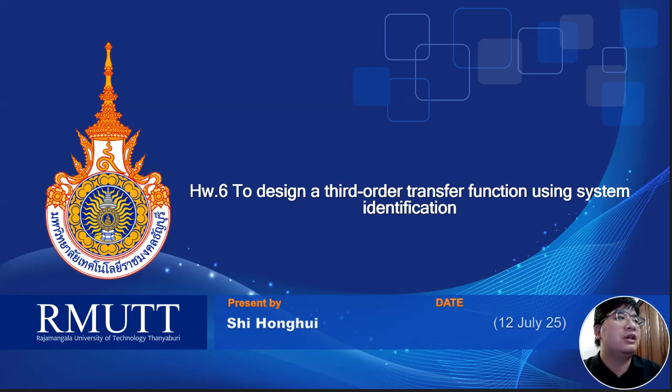The core objective of this project is to establish a third order transfer function model for an unknown rotating system through system identification methods and simulation in Simulink to verify the accuracy of the model.